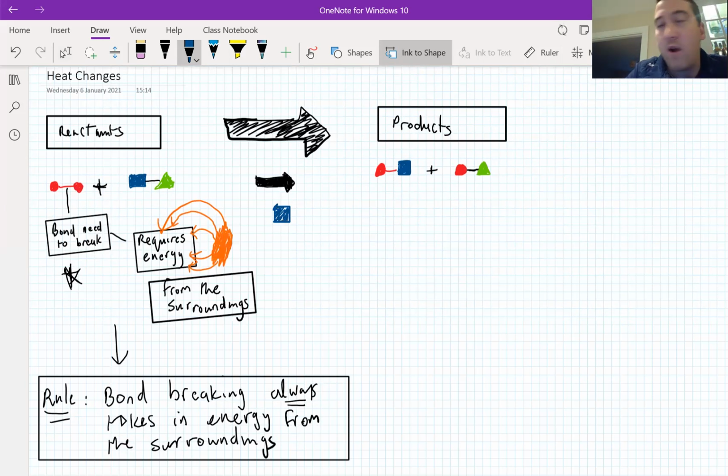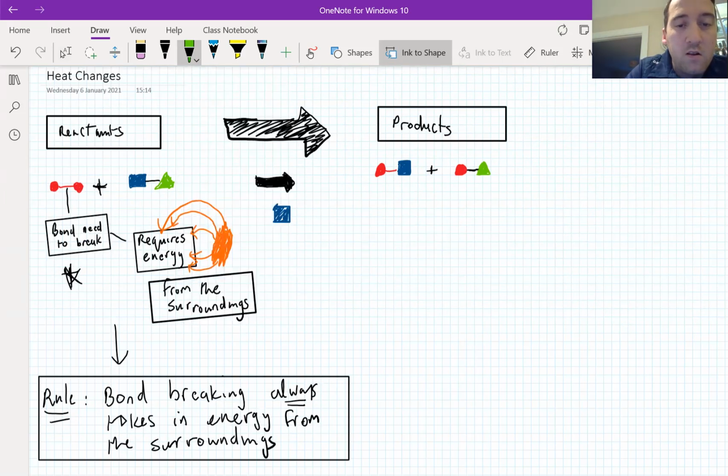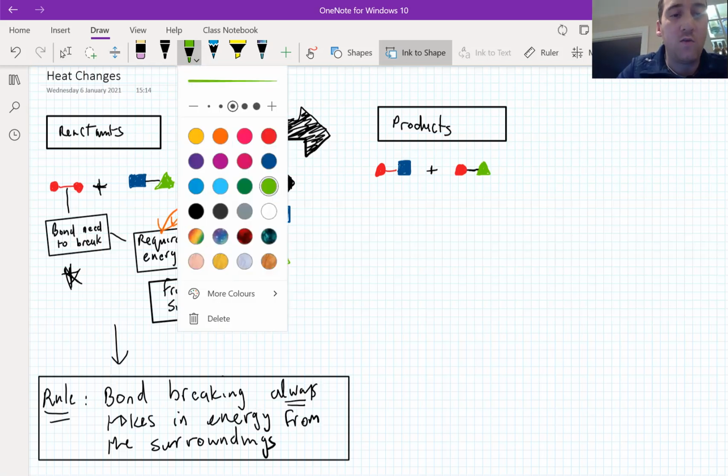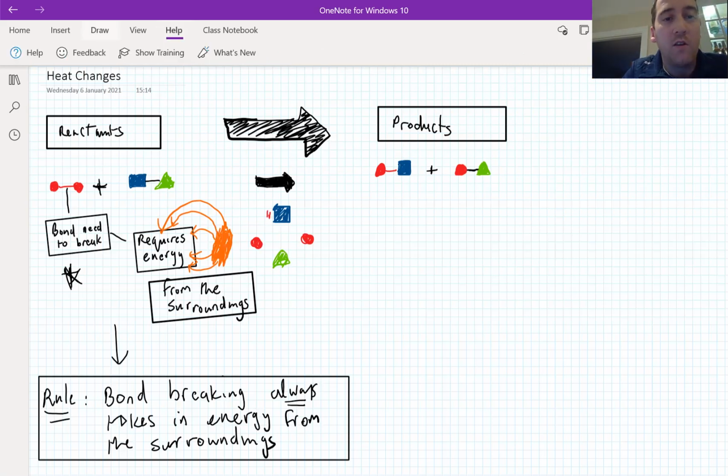So there's the blue square, the green triangle, and the 2 red circles. Noticing that they are now separated, no bonds between them. And that means they are free to move.